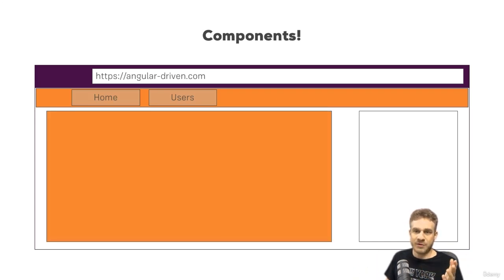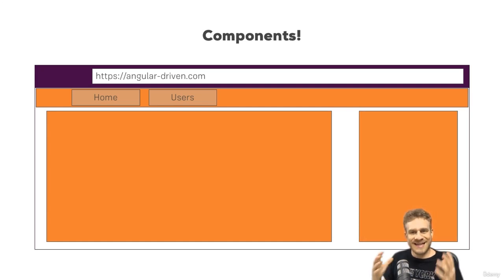We also have, of course, our main area and the sidebar here as components. And that is the core idea behind Angular. Build components. Each component has its own template, its own HTML code, maybe its own styling, and more importantly also its own business logic. And this is the great benefit.